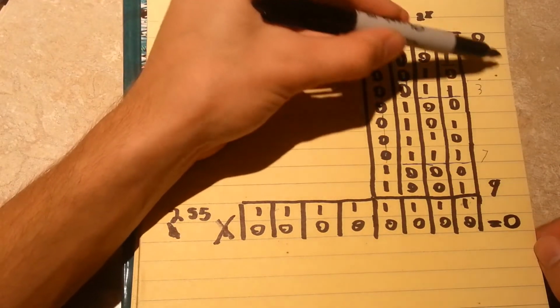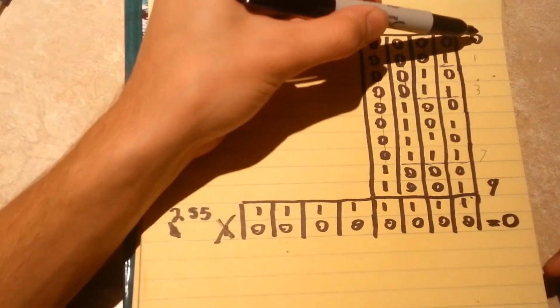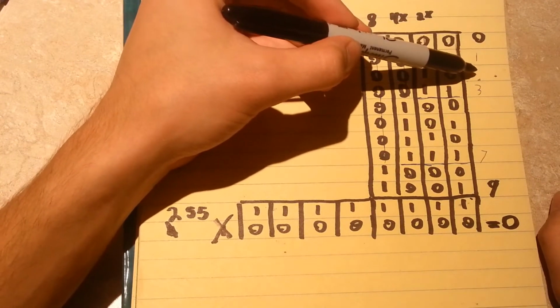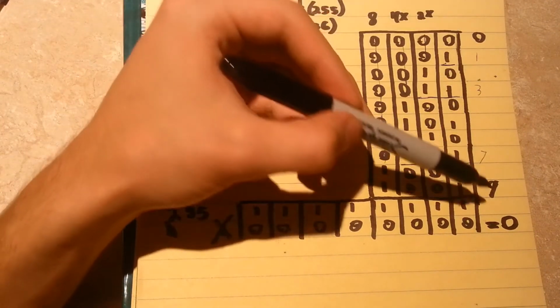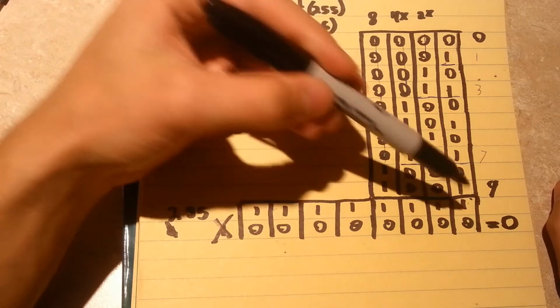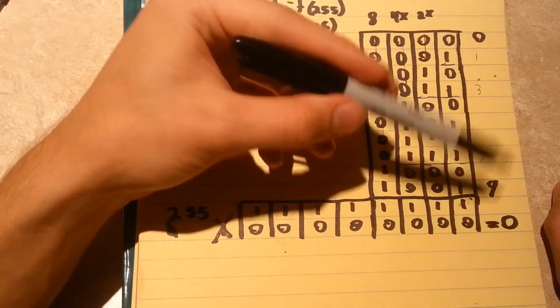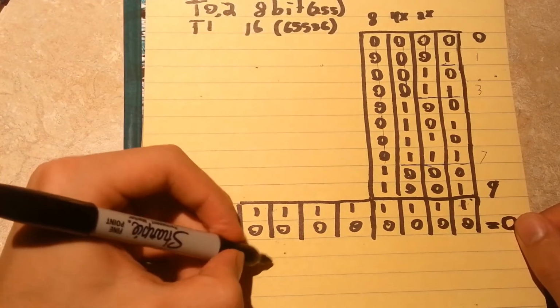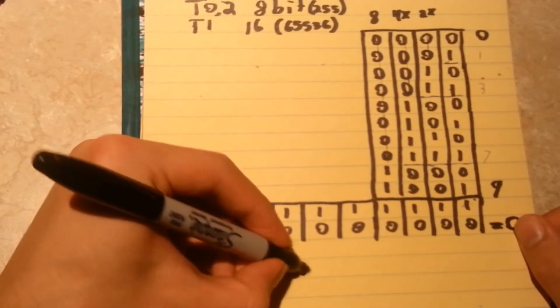So it has reset back up to the top. And on the next cycle, it will count to 1, and then 2, and then 3, until it reaches 255. It will then reset on the next cycle back to 0. We call this timer overflow.